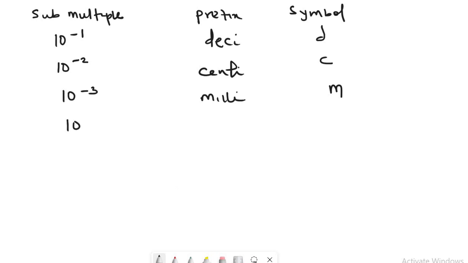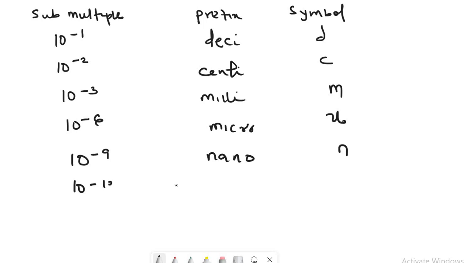10 raised to the power minus 6, the one you call micro. We use this one a lot in capacitors. The symbol is this, micro. 10 raised to the power minus 9. That's nano. Symbol is n. 10 raised to the power minus 12. That's pico.